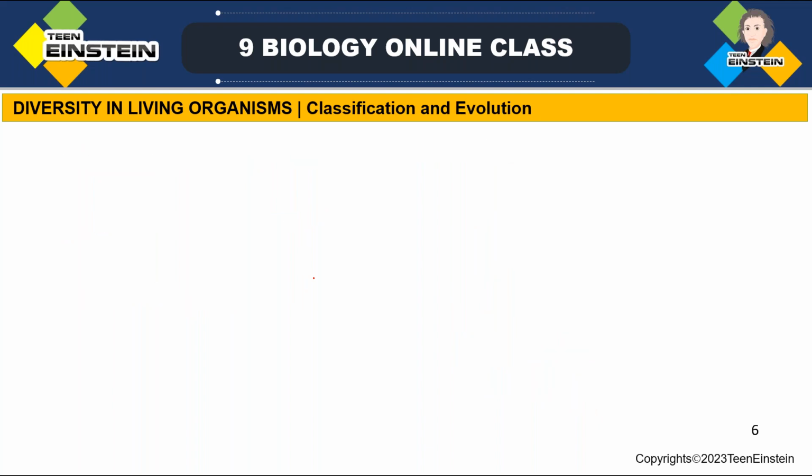Okay, so next comes classification and evolution. Here, all the living organisms, or all the living things, are identified and categorized on the basis of their body design and their function.